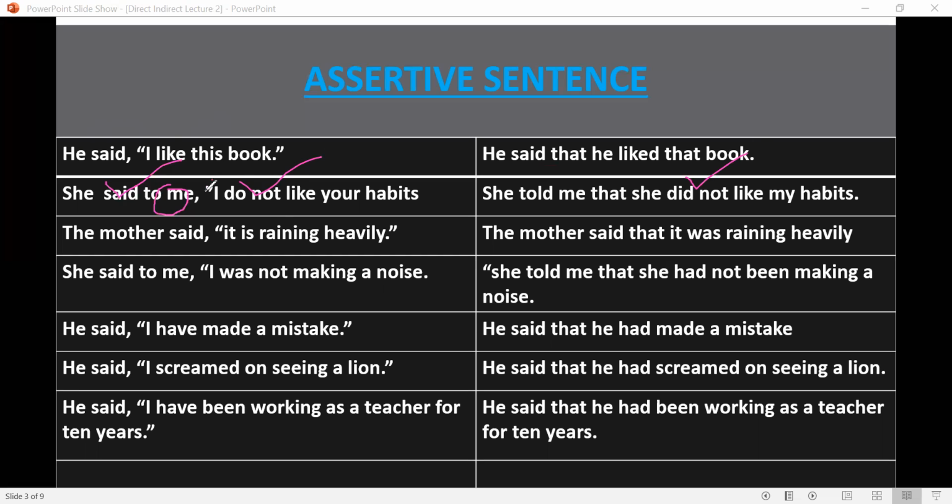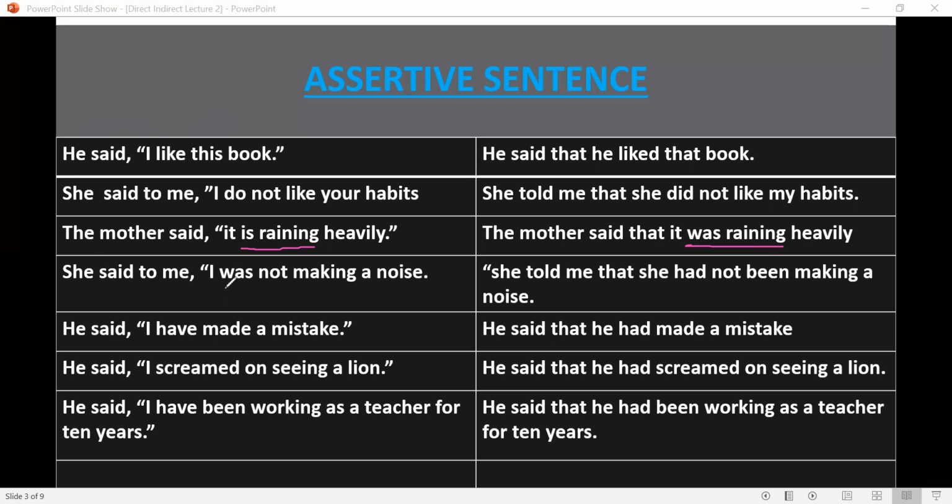First person will be changed into the subject and second person will be changed into the object of the reporting speech. She told me that she did not like my habits. The mother said, it is raining heavily. Is raining is present continuous. It will be changed into past continuous. The mother said that it was raining heavily.